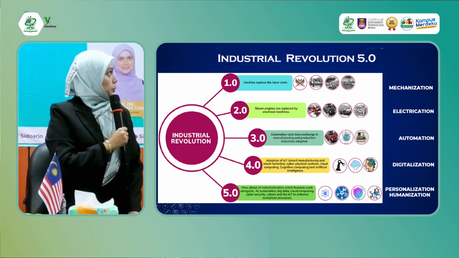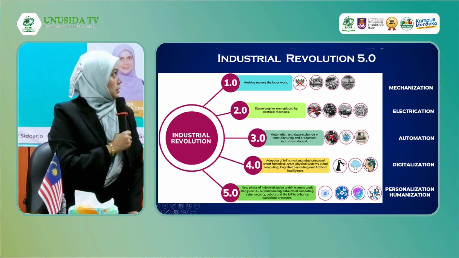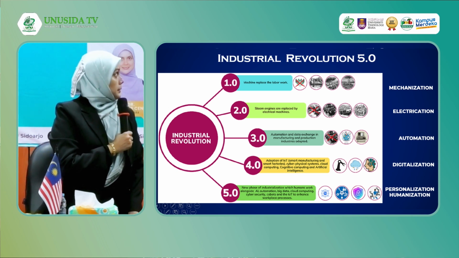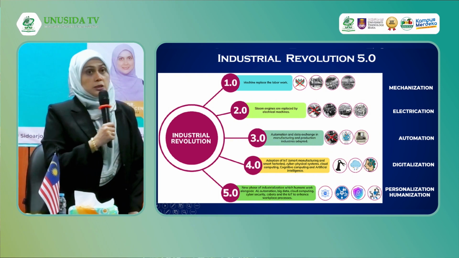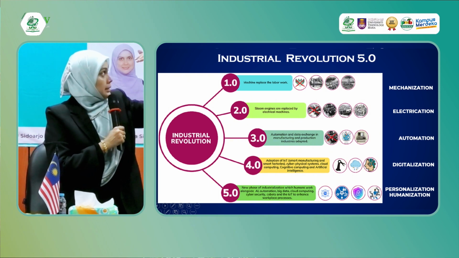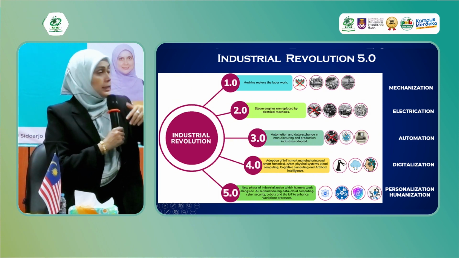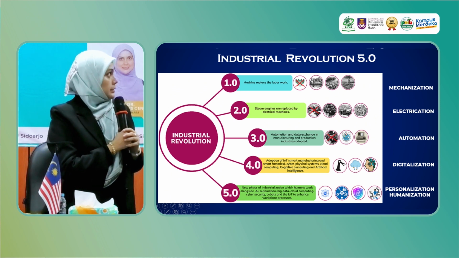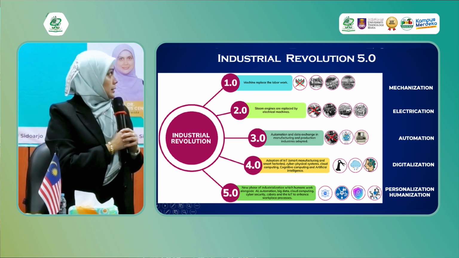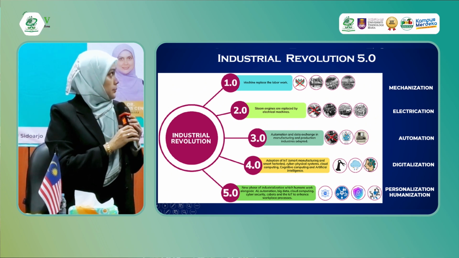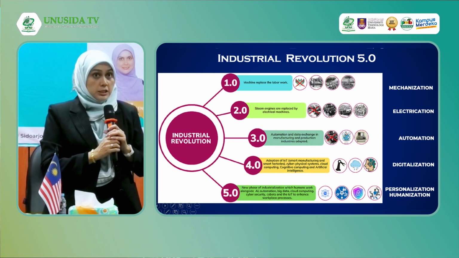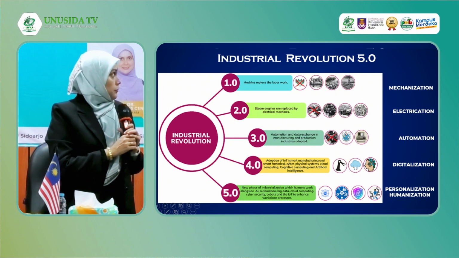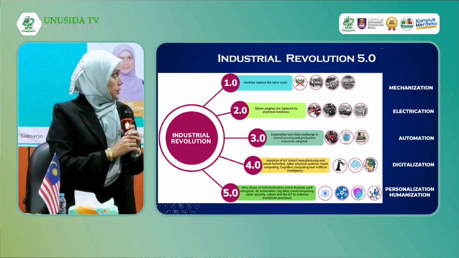Then 2.0, where steam engines were replaced by electrical machines, so it moves from mechanization to electrification. The third, Industrial Revolution 3.0, is automation. And then Industrial 4.0 is the adoption of IoT, AI and cybersecurity.